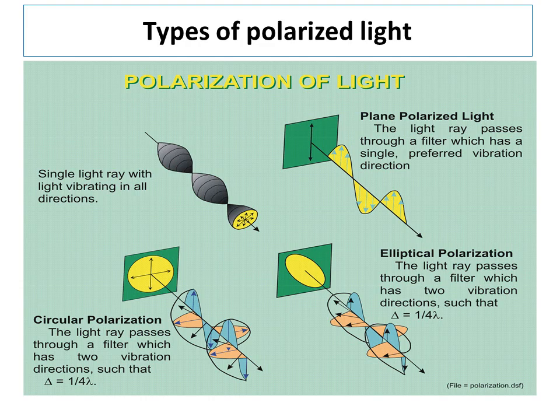You have plane polarized light, which we've already referred to, and we said that this is used in the polarimeter. In circular dichroism, we use circular polarization. The light ray passes through a filter which has 2 vibration directions, so it causes the light to be in a circular form rather than in a single form.